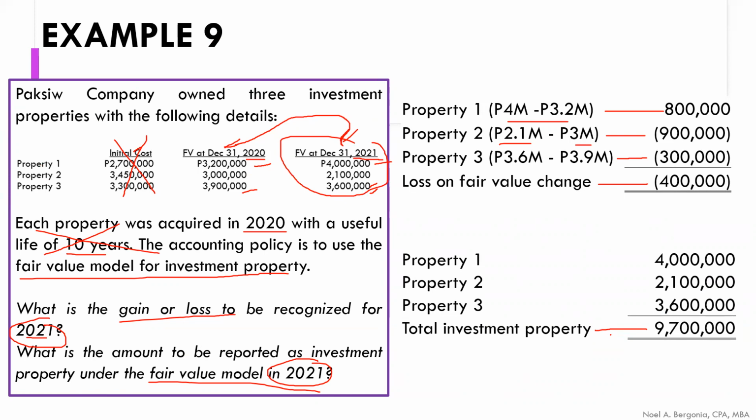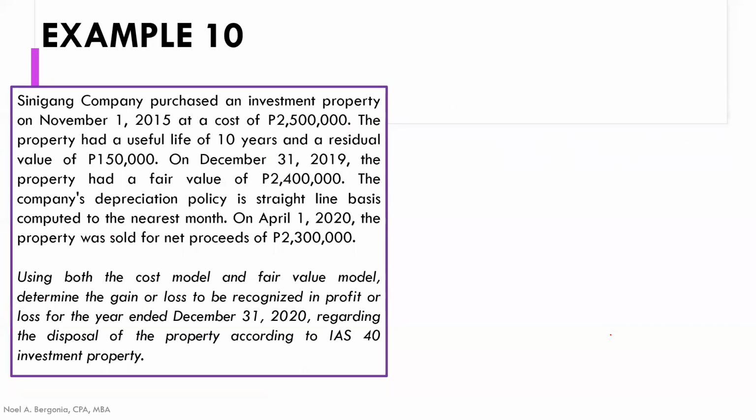Okay? And finally, this is actually the last problem for this discussion, and it's all about disposal. Using both the cost model and fair value model, determine the gain or loss to be recognized in the profit or loss for the year ended December 31, 2020 regarding the disposal of property according to IAS 40.